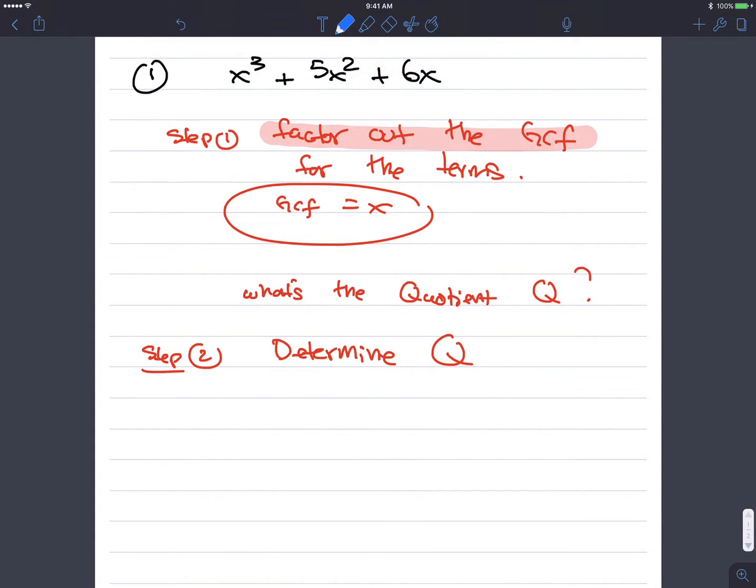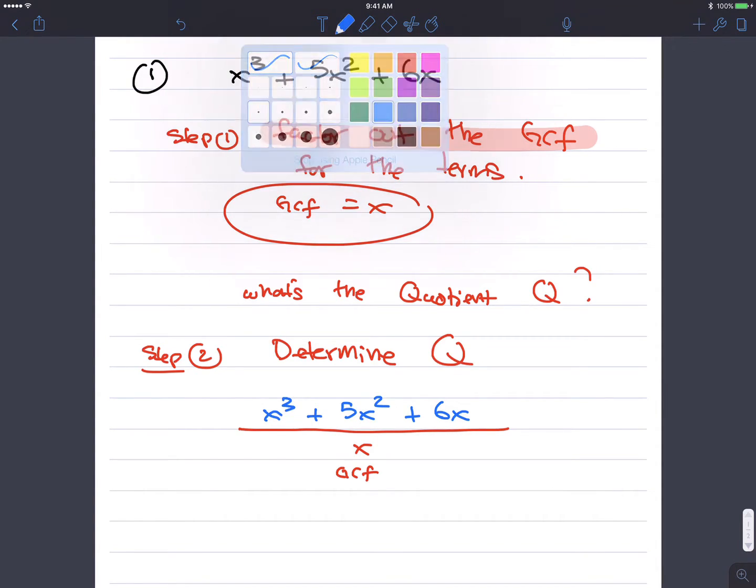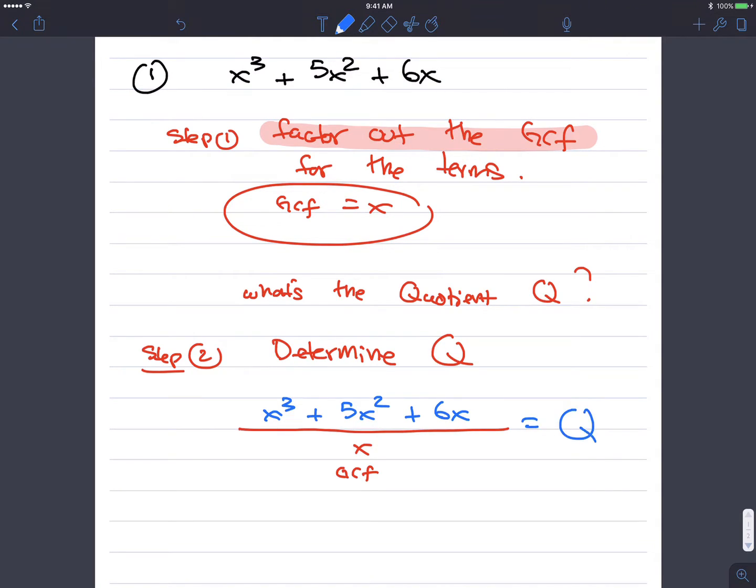Well, what do you originally have? x cubed plus 5x squared plus 6x, that's what we originally have. Divide by your GCF, the greatest common factor, and what you end up with is what we call the quotient. So this is going back to what we did in the beginning, factor out the greatest common factor.